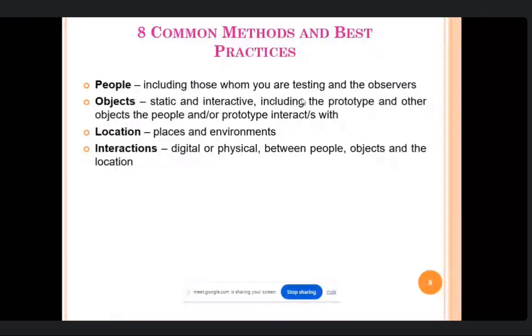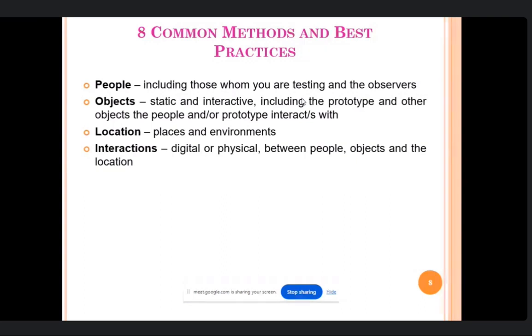Based on these 4 basic components, we are making the different cases. When you are building your prototype, as well as when you are testing it, keep these key components in mind. That's very important. Based on these 4 components only, we are dividing the 8 common methods. That's why, whenever we go for creating or using prototype design, these 4 components should be kept in mind.